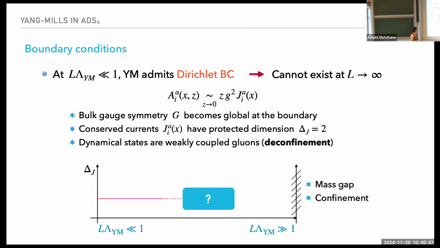In principle, I know examples where you have some global current that is conserved at the boundary, and you just don't have states. This is not mandatory. It could be that this current just does not act on the space, or that the part of the space that is charged under these currents is completely decoupled.